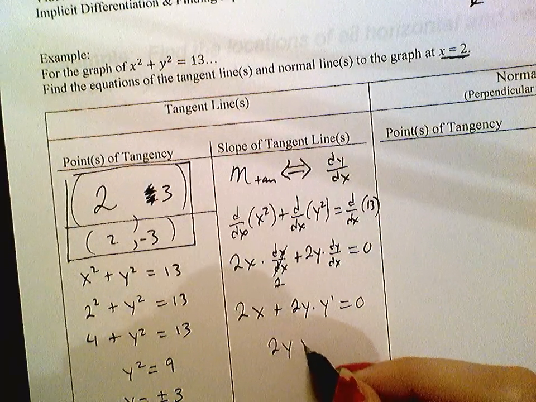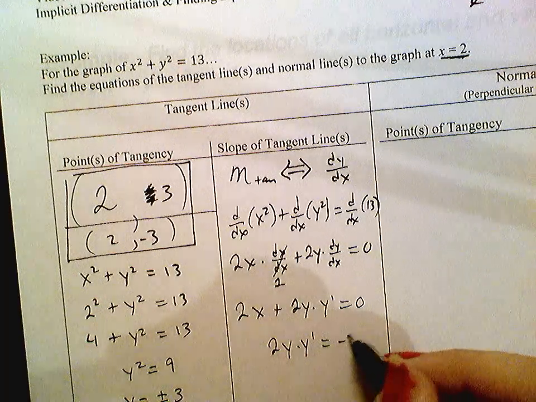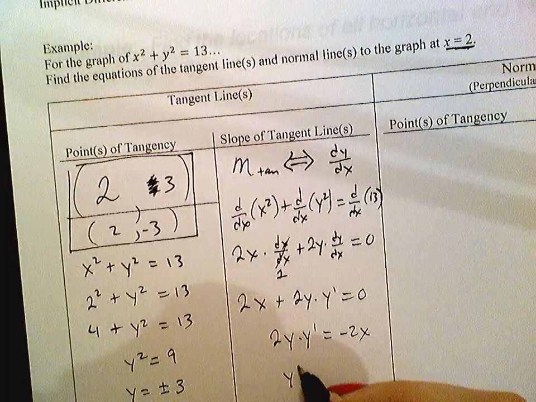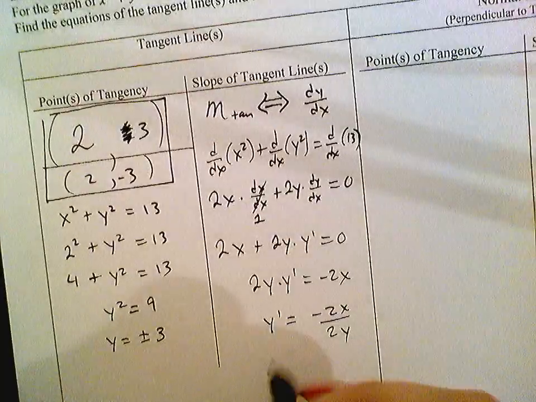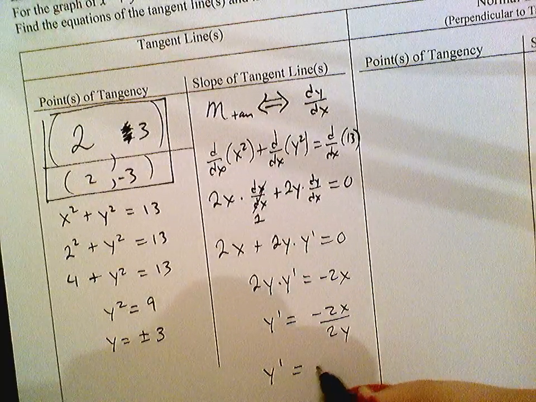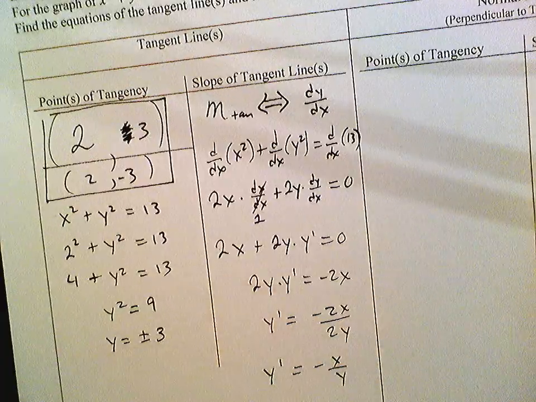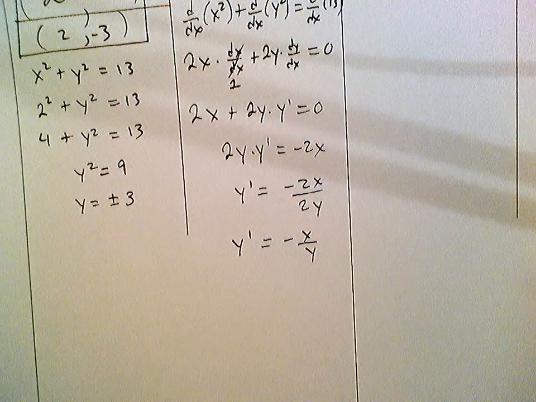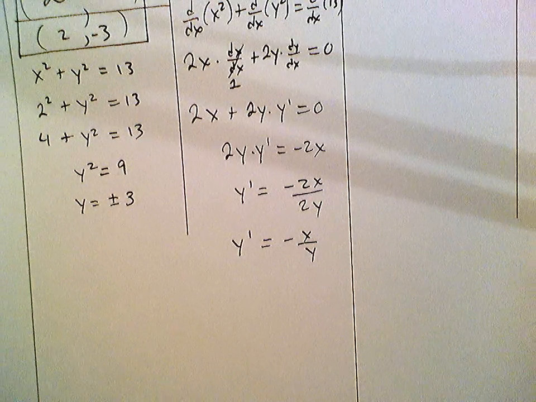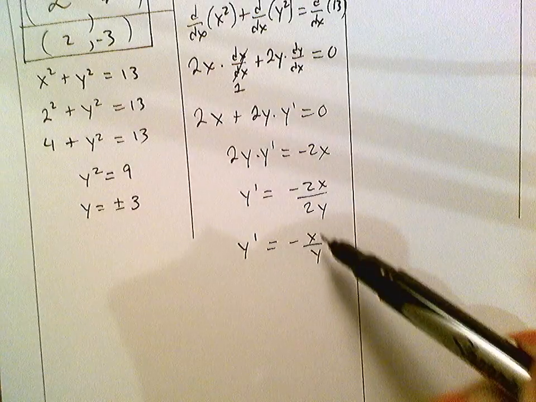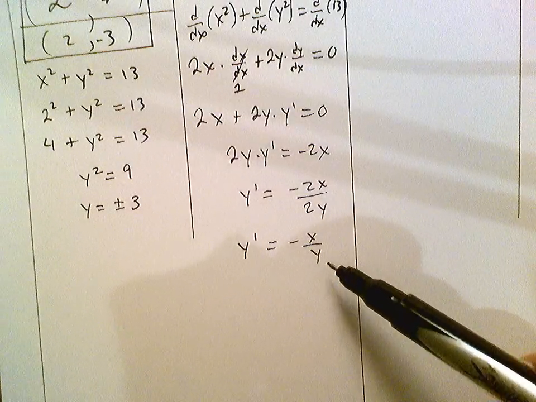So 2y y prime equals negative 2x. So y prime is negative 2x over 2y. So y prime is negative x over y. All right, that is dy/dx, or y prime. That's going to give us the slope of the tangent line at any point that we want.